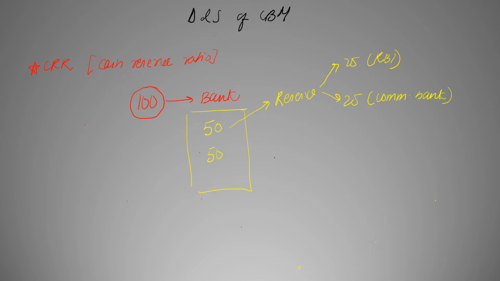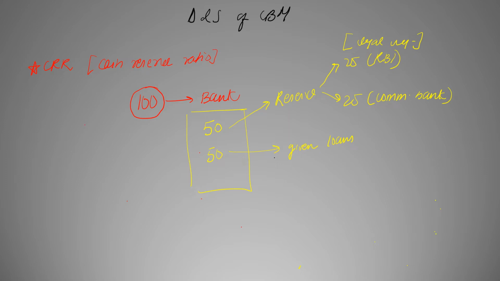It is given to RBI because it's a legal requirement. And the remaining 50 is given away in the form of loans or anything that can prove to be an income for the bank.